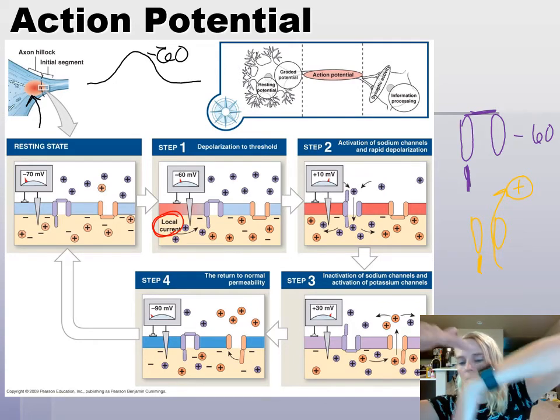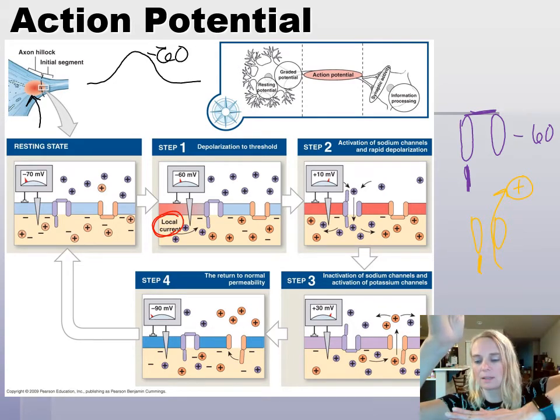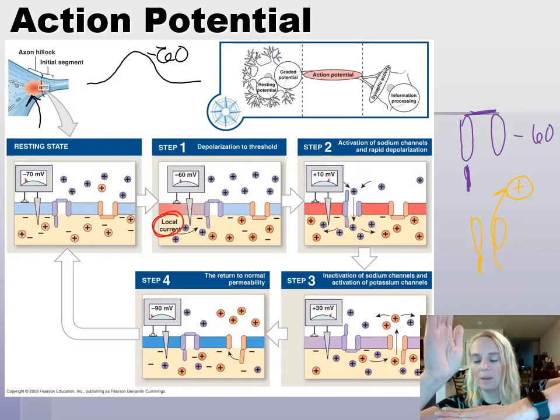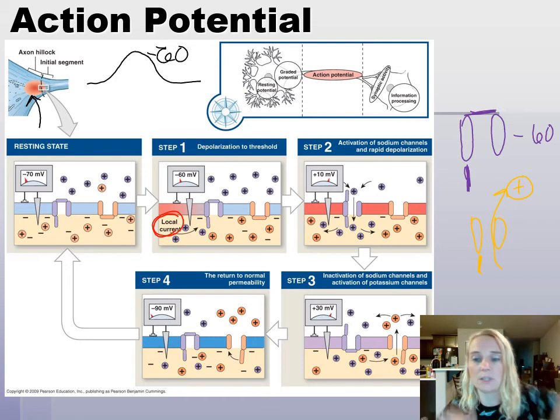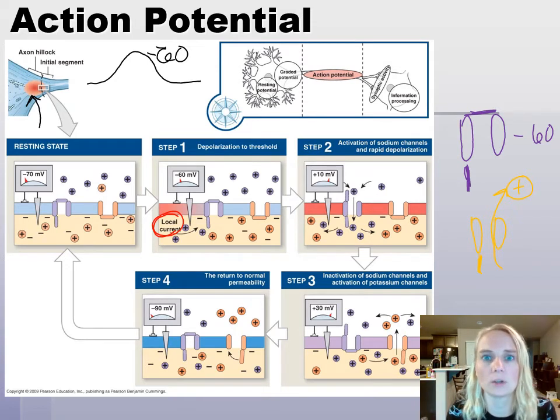I don't know if you can see my hands, it kind of goes like this. The inactivation gate is closed and the activation gate is open, and at -60 they just change position. So the channel is still closed, it's just not inactivated anymore.